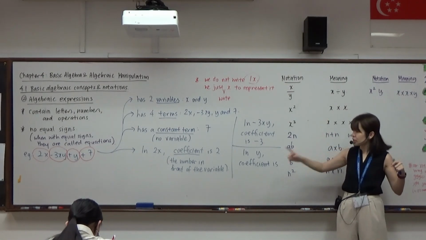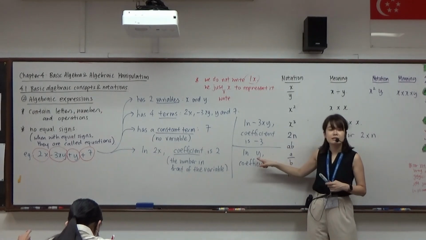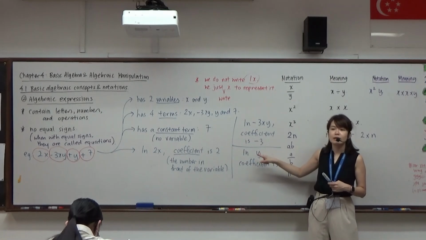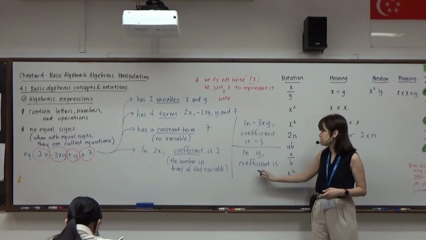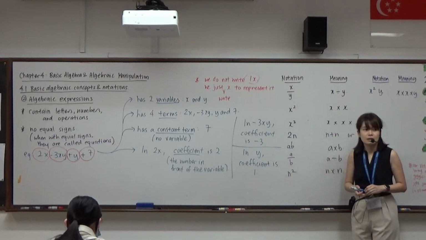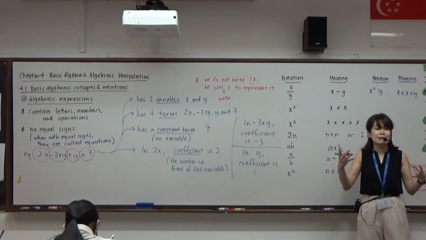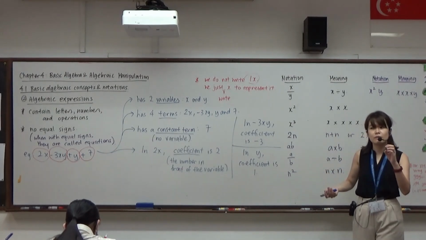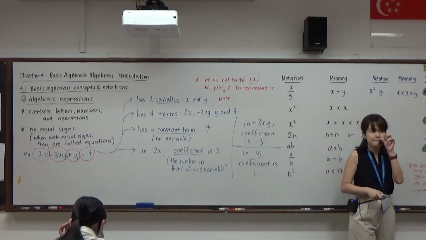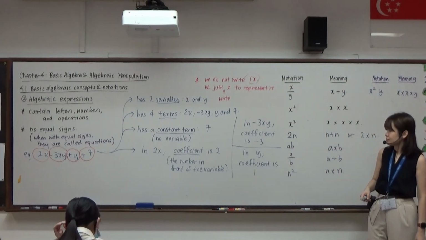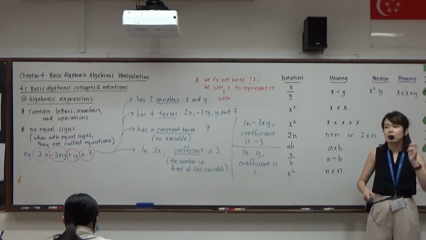The coefficient in this case is actually 1 because just now I addressed that just writing the y itself means 1y. I don't need to purposely go and write the 1. If it's 0, then it means 0y, which means 0 times y, so essentially it's 0. Therefore in y the coefficient is 1.